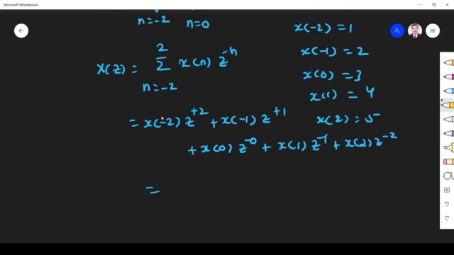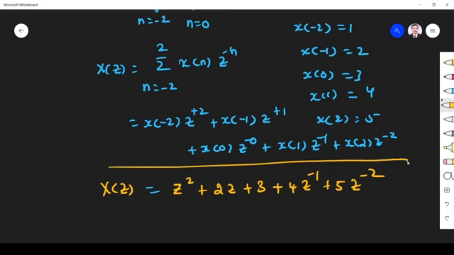Here you see x of -2 is 1 into z square. X of -1, 2 into z power 1. Z power 1 is z. X of 0, 3 into z power 0. Z power 0 is 1. X of 1 is 4, z power -1. X of 2 is 5, z power -2. This is what our x of z.